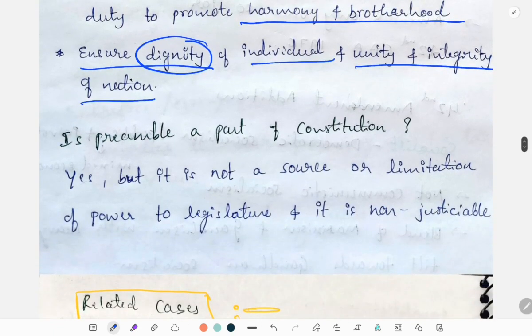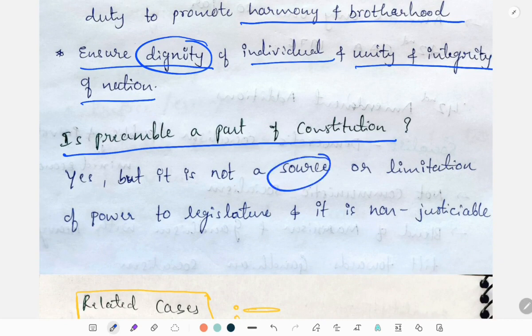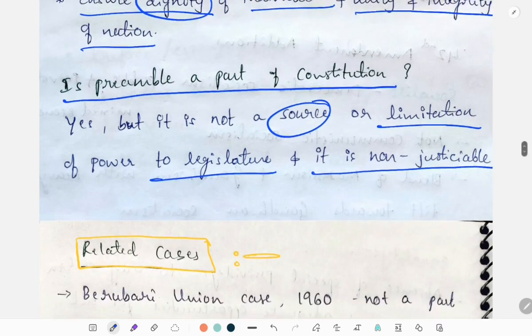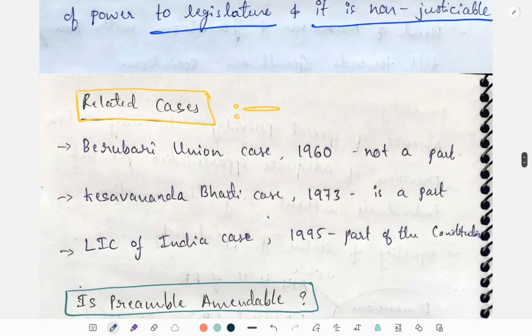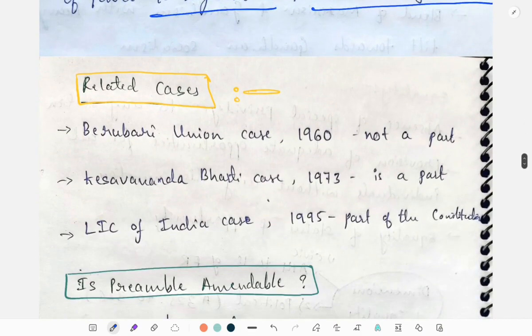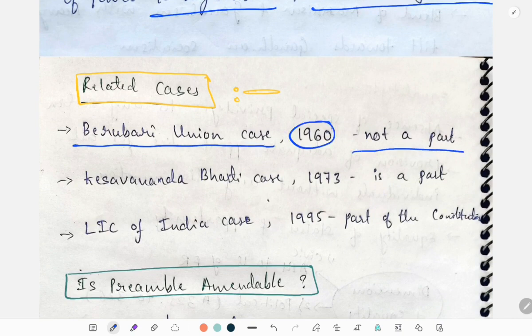Is the Preamble a part of the Constitution? Yes, it is a part of the Constitution, but it is not a source of power or a limitation on the power of the legislature, and it is non-justiciable in nature. We'll see related cases. First, in the Berubari Union case in 1960, the judgment was that it is not a part of the Constitution.